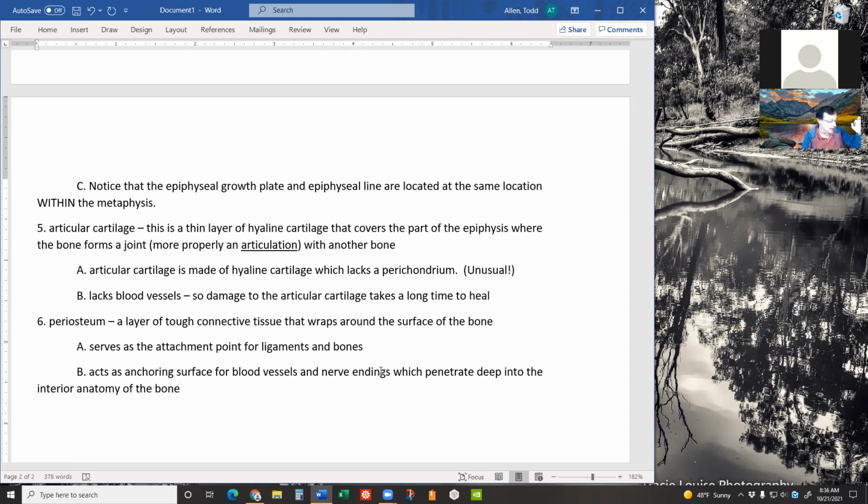And simply take note that there are blue and red colored blood vessels penetrating deep into the interior of the bone. Isn't that so, right? In other words, there are arteries and veins penetrating into the interior of the bone tissue, and they are anchored, or maybe tacked down or stitched down, to the surface of the bone with this periosteum membrane. Okay, so that's what I'm referring to when I talk about this.